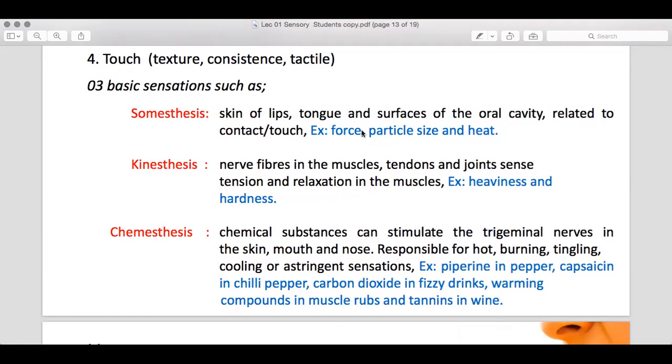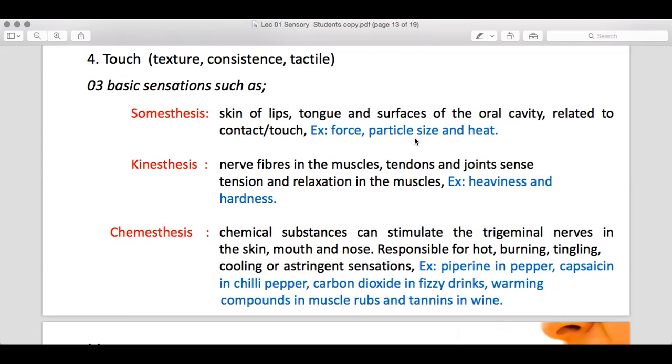The food is outside and is coming through the mouth. The initial step is that the food touches the lip skin. Basically, first we touch the skin of the lips, then the tongue and oral cavity surface.